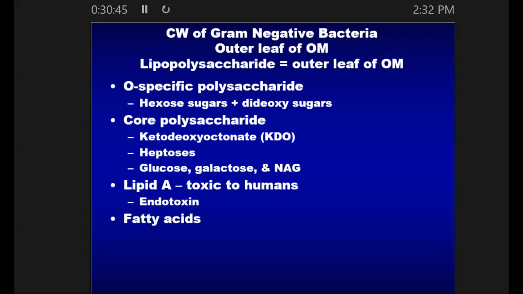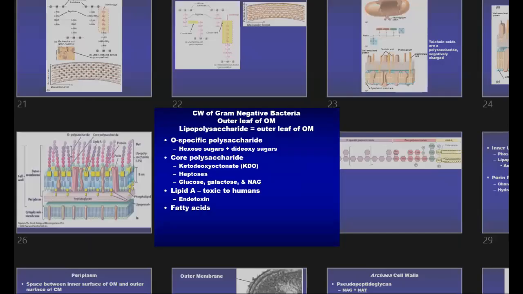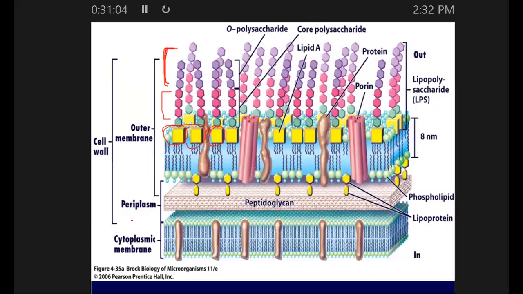So this whole slide, that's describing the lipopolysaccharide. Okay? And it's just the outer half, or the outer leaf, of the outer membrane. That's what we refer to as the lipopolysaccharide. So let me go back to that image. So the outer of the outer, this whole thing, up to the end of the fatty acids, that's the outer leaf of the outer membrane.